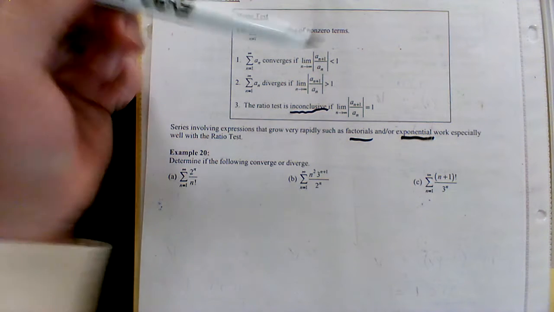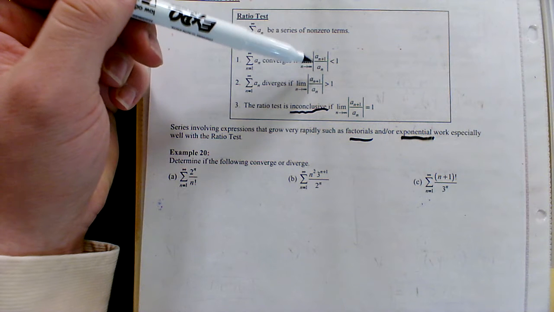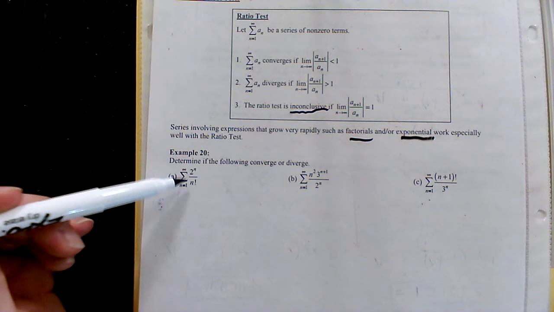So let's just go ahead and start off with the first one. We have this series of 2 to the n over n factorial. So again, from up above, it says the a_(n+1) term and the a_n term. How would I actually make the a_(n+1) term with this? That's what's going on top.